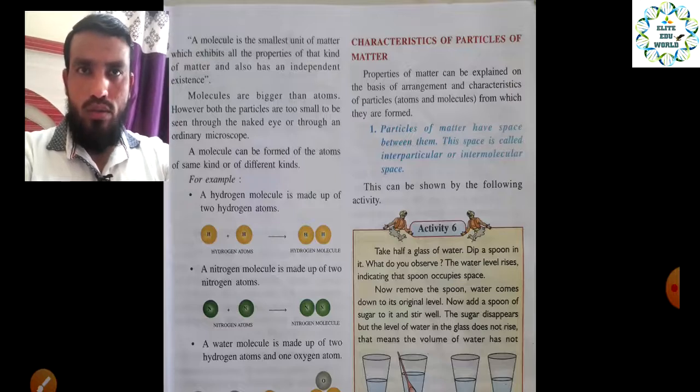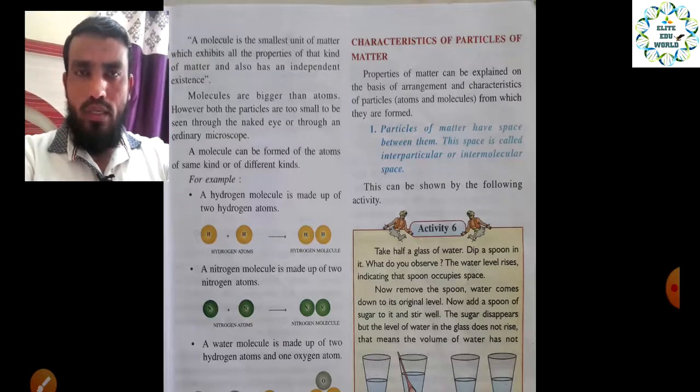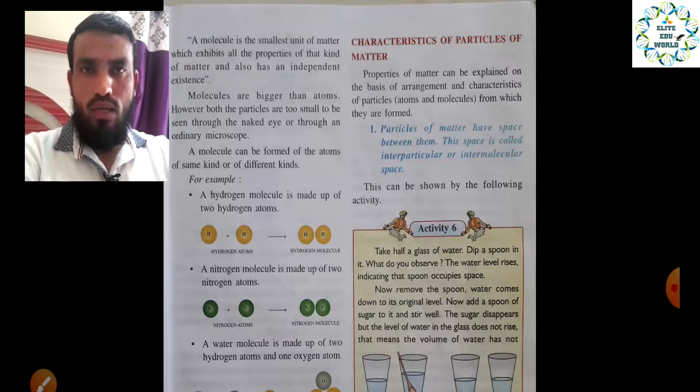It also has an independent existence. The molecule can exist independently, unlike the atom, and it has all the characteristics of the matter.